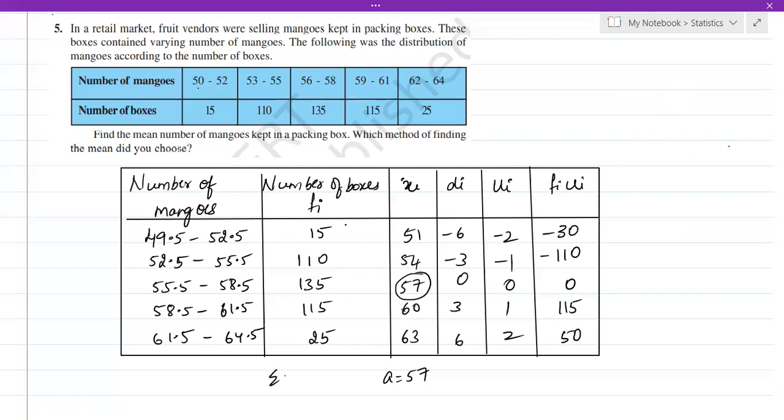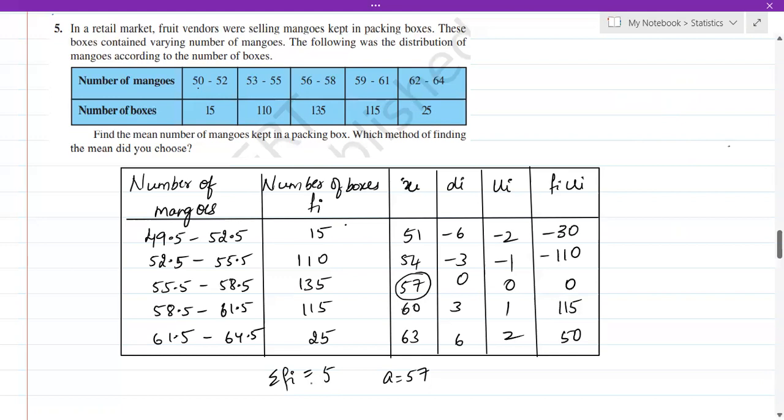Summation fi. If you add all these things, how much do we get? Let's find it. 15 plus 110, 225. 225 plus 135, it becomes 360. 360 plus 115, 475, plus 25 becomes 500.